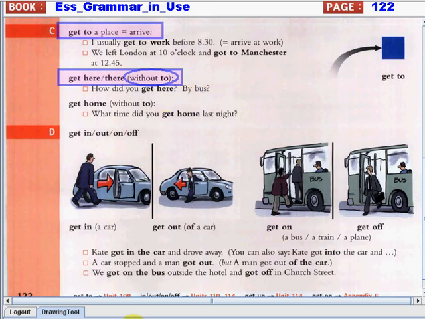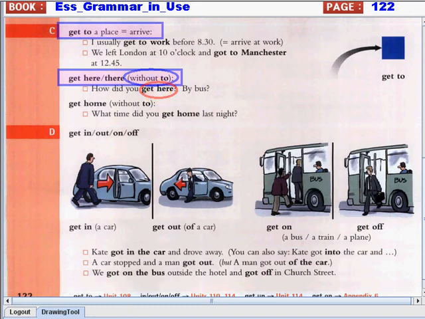We didn't use the word get here with the word to. We don't say, how did you get to here? How did you get to here is wrong. Instead, just simply say, how did you get here? Or, how did you get there? Okay? Don't forget that rule.